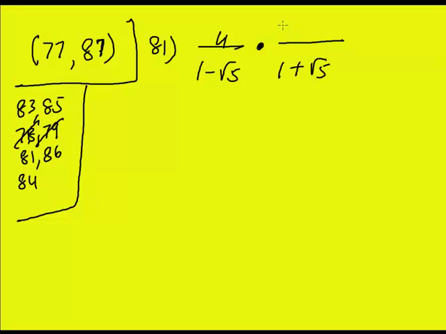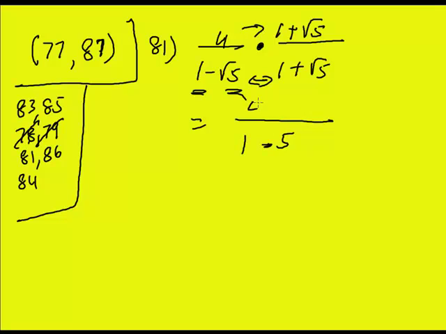If I multiply the bottom by 1 plus rad 5, I have to multiply the top by 1 plus rad 5. When I multiply two conjugates, that's the difference of two squares. I square that one, which is 1, minus, I square this one, that's 5. On the top, I'm going to multiply 4 through, I'm going to get 4 plus 4 rad 5. Okay. When I simplify the bottom, I'm going to get 4 plus 4 rad 5 over negative 4.